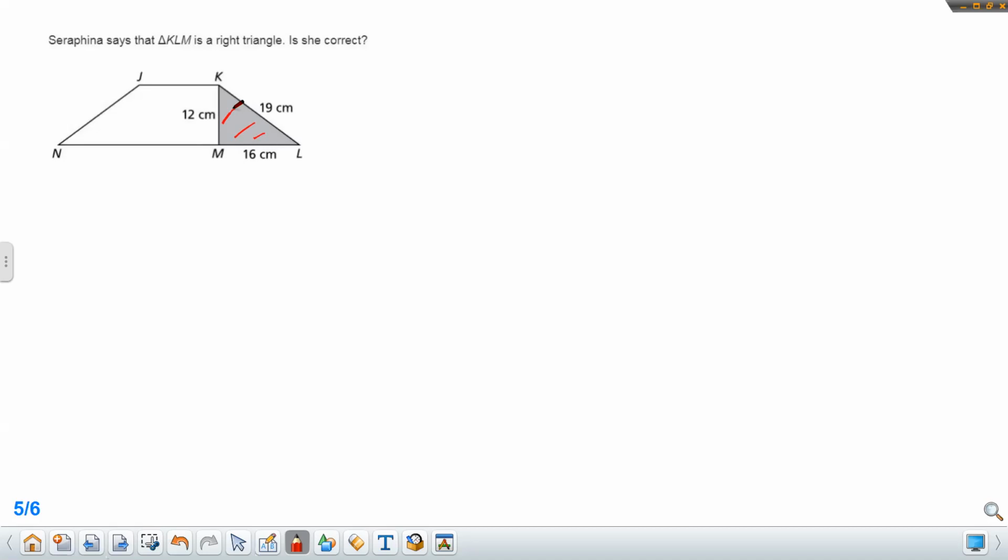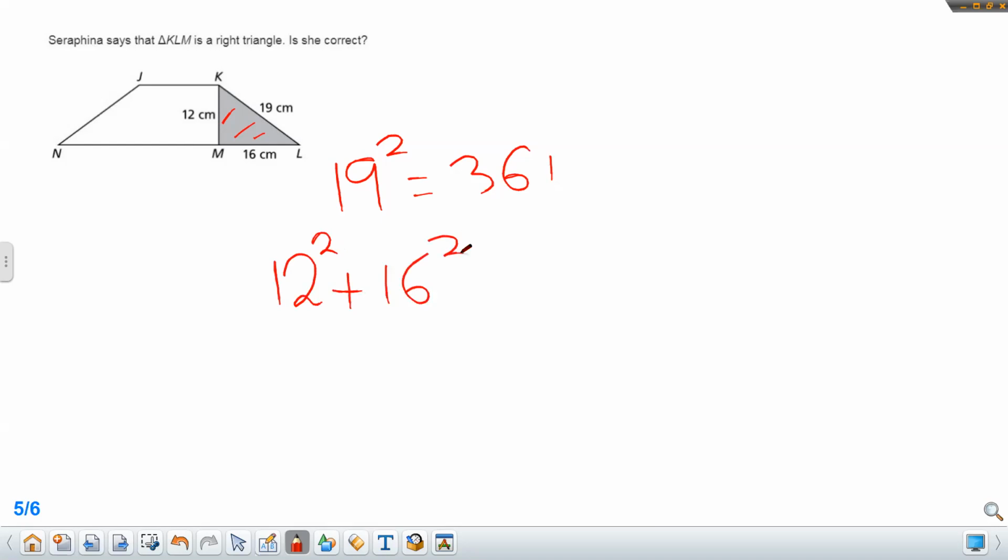What about 19 power 2? 19 power 2 equals 361. And take the other sides, which are 12 power 2 plus 16 power 2. Then you can evaluate each of them.